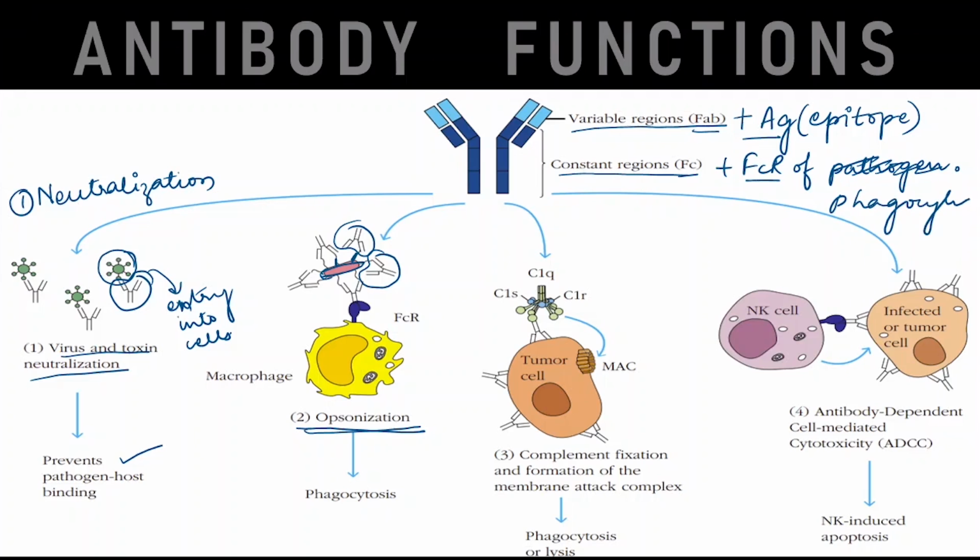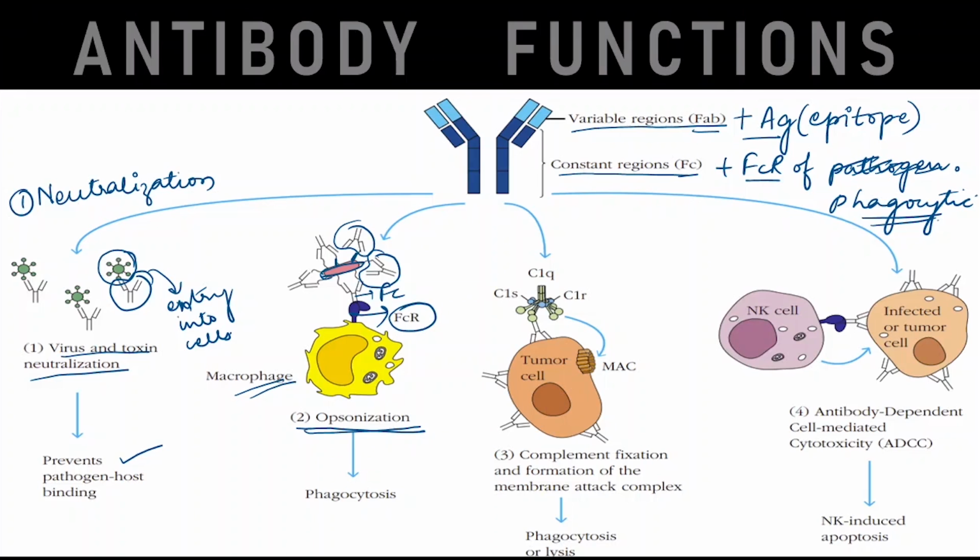I have written it wrong here, it's a phagocytic cell. This is the FC receptor, and here is the FC region. FC receptor of what? Of phagocytic cells. This is the macrophage.